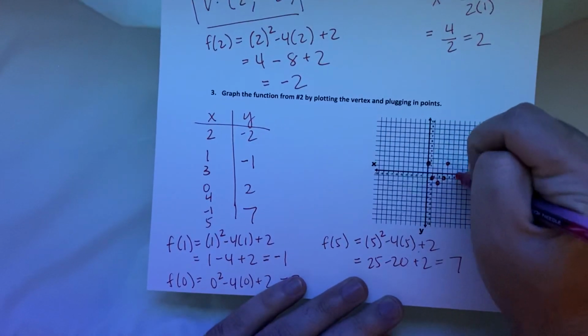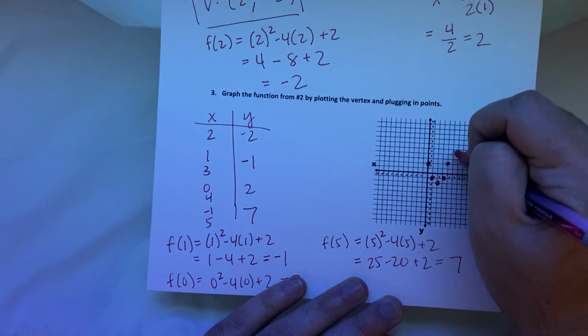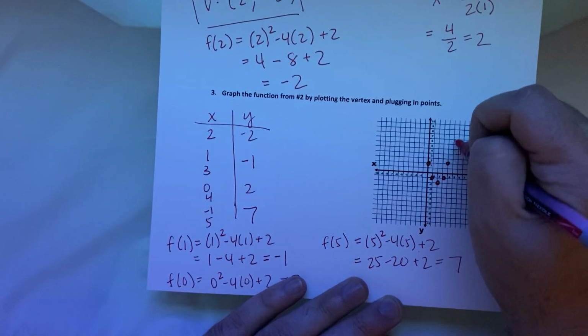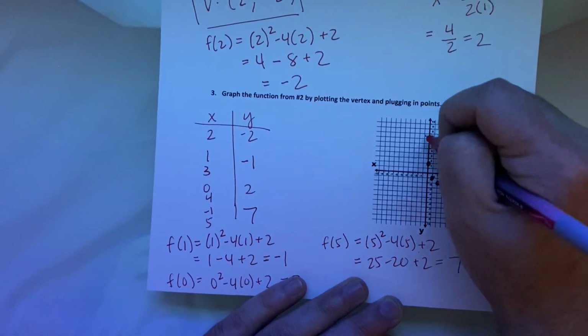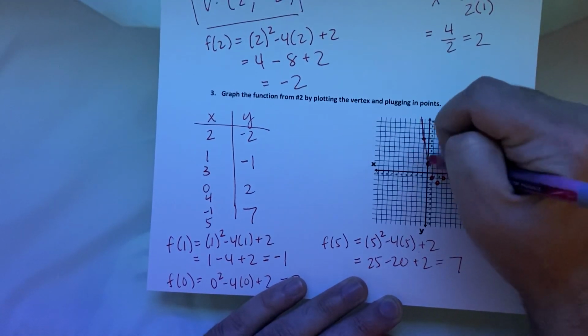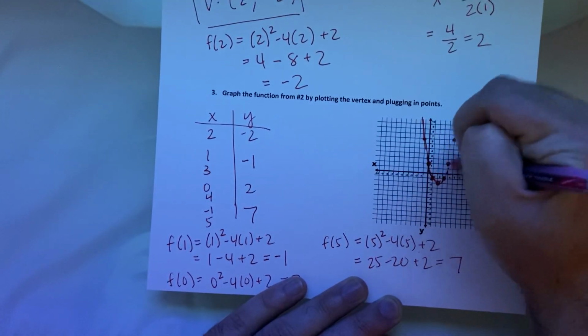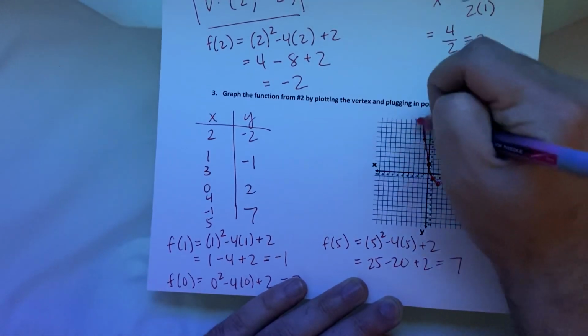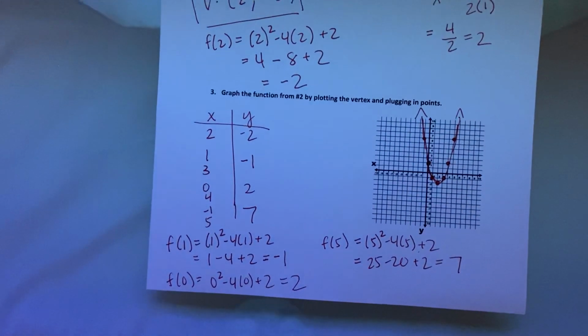So we've got 5, 1, 2, 3, 4, 5, 6, 7. We also have it for negative 1. Connect the dots. And we have a quadratic. So once you get the vertex and get a few points around the vertex, you'll have an idea of what the graph looks like.